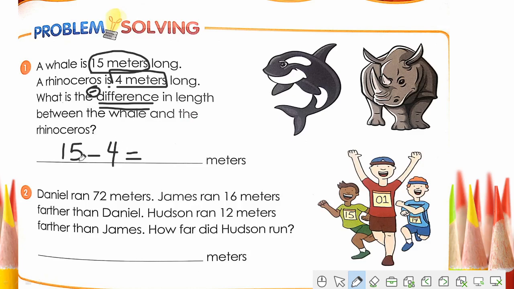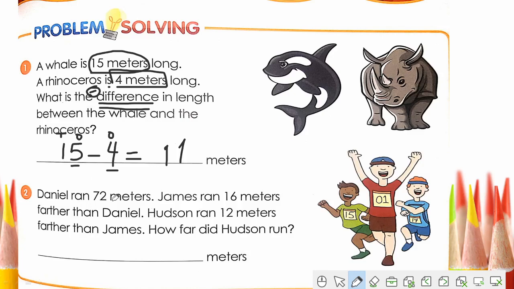Okay. 15 minus 4, underline the ones. T O if you wanted to put T O. Here O. 5 minus 4, 1. 1 minus nothing, 1. Difference is 11 meters.